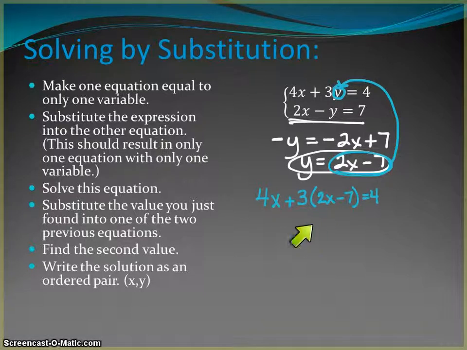And as you can see, what's happened here is that now, instead of having x's and y's in my equation, I have all x's. So we'll just solve this algebraically. We'll do our distributing. So we'll get 6x minus 21 equals 4. Combine your like terms. 4x plus 6x is 10x.